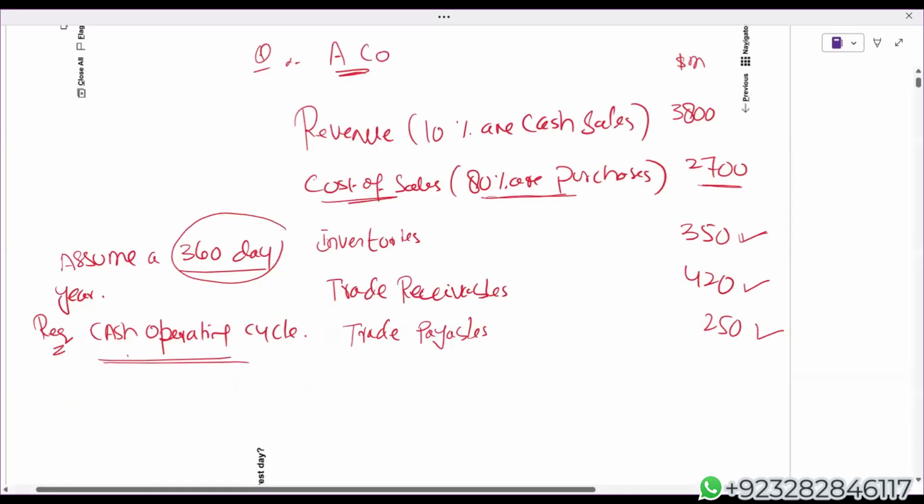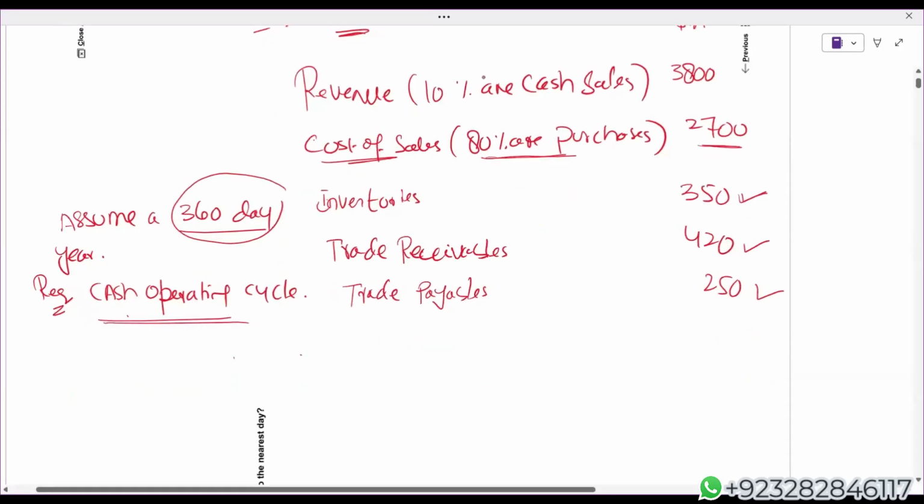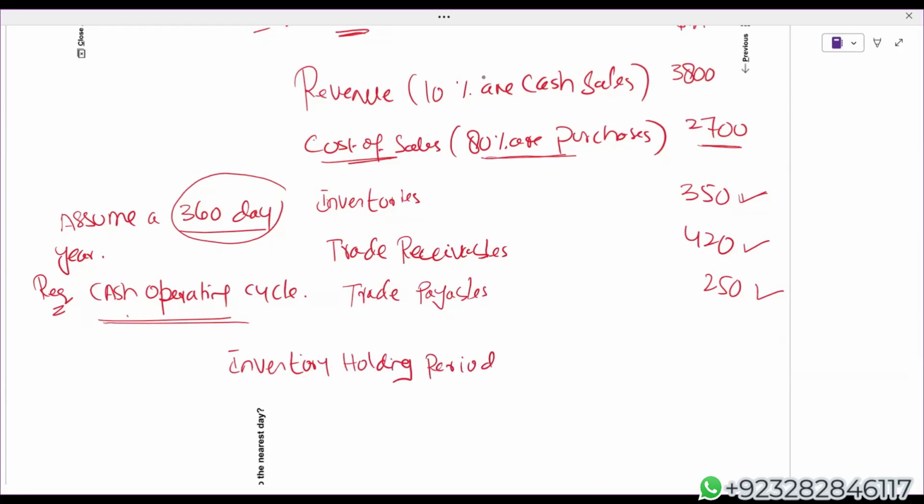So let's calculate inventory days. Inventory holding period. How do we calculate? It's very simple. We'll take closing inventories, which is 350, divide by cost of sale, which is 2,700, multiply by 360.